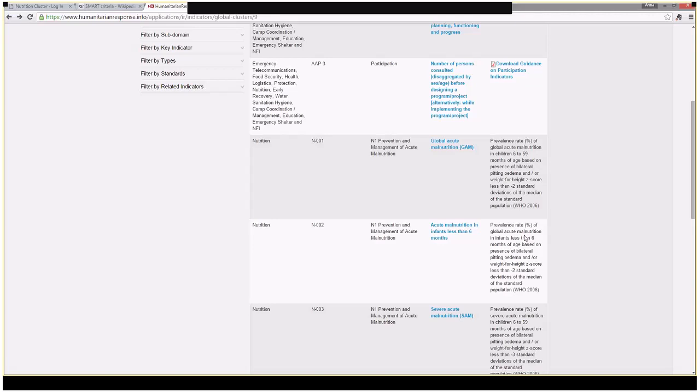Also, I'd like to say here that remember all the indicators you put in your humanitarian response plan monitoring should be SMART, which is specific, measurable, assignable, realistic, and time related. Because these are generic indicators, you will always have to adapt them in a way that they become SMART.